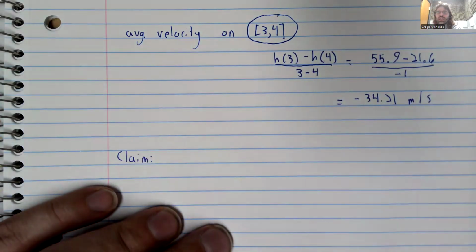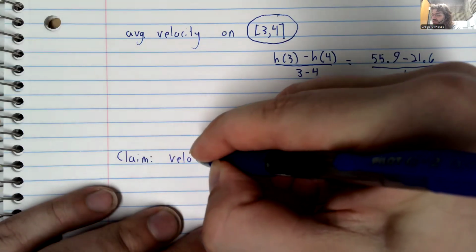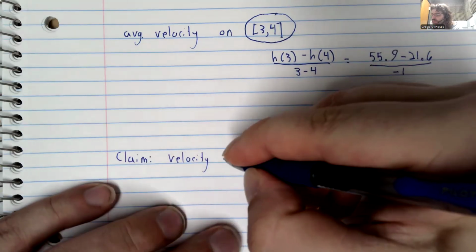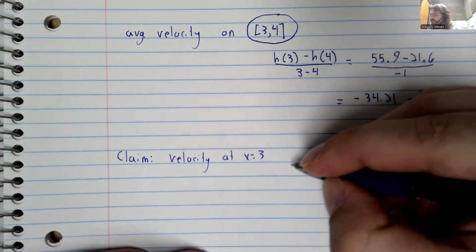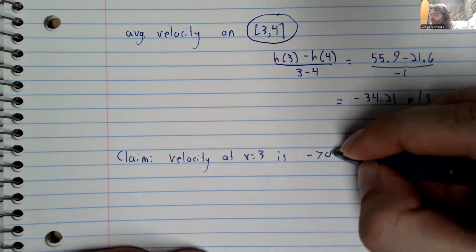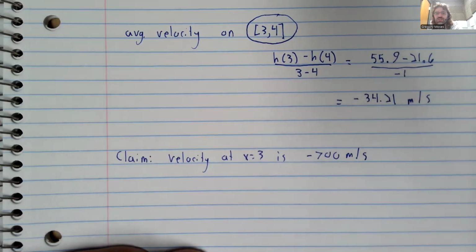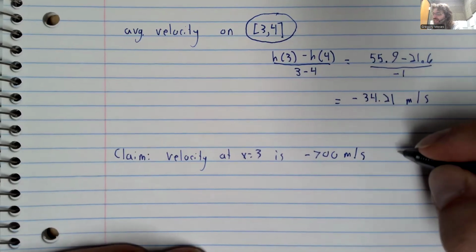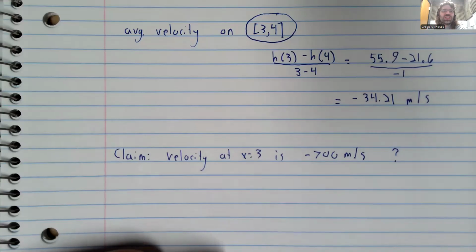Because suppose I made a claim. Suppose I made the claim that the velocity at 3 seconds is negative 700 meters per second. Is that claim plausible? Does that claim seem likely?